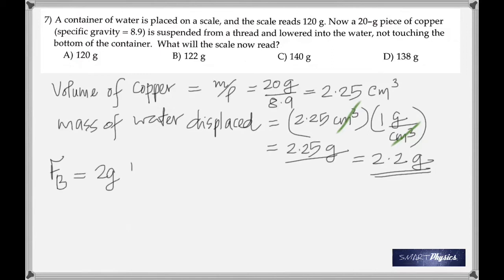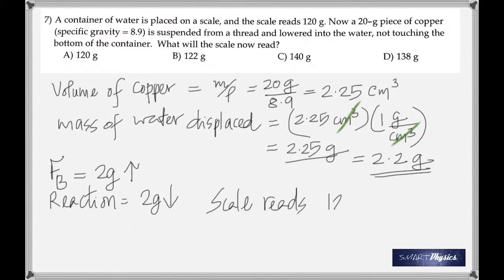Therefore, the buoyant force is approximately 2 grams, and the reaction will be 2 grams down. And hence, the scale is going to read 120 plus 2, which is 122.2 gram to be perfect.